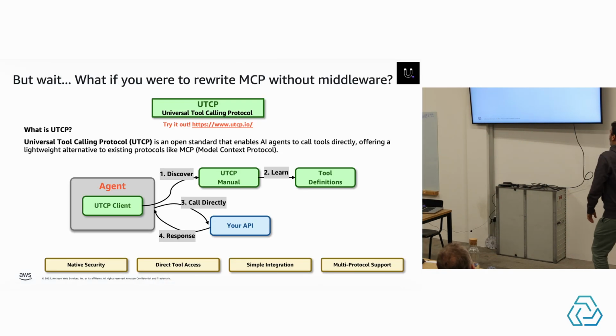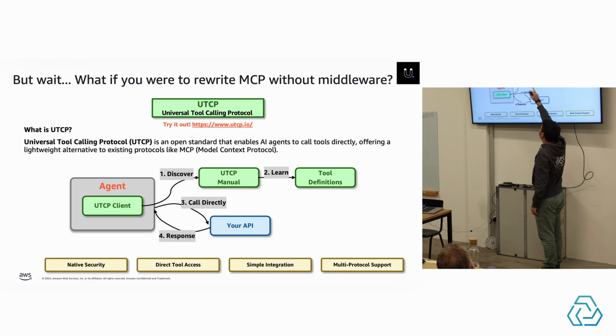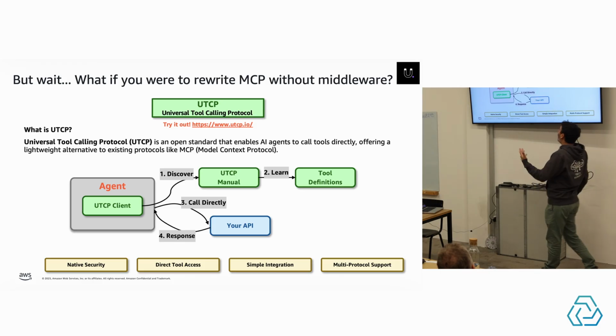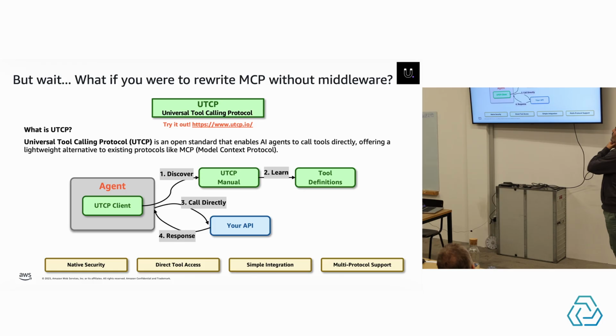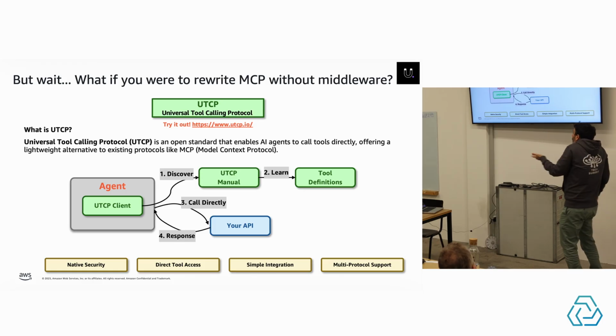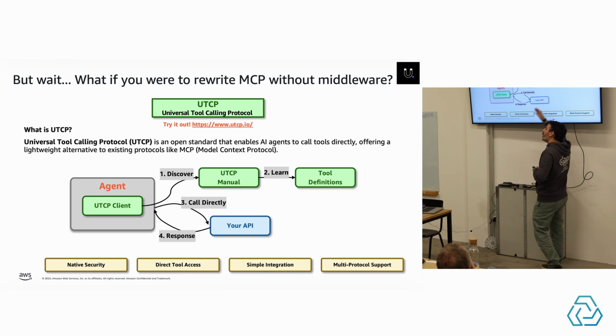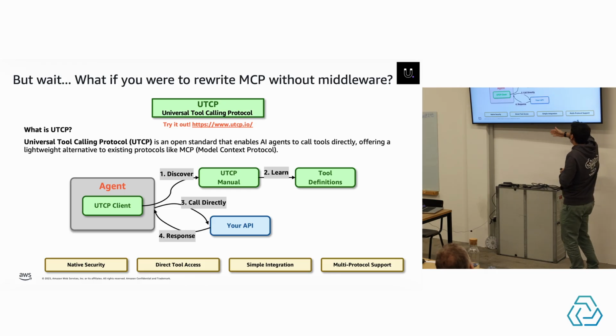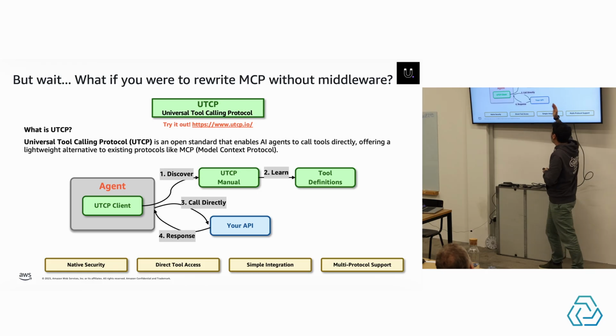There is an open source project that I'm collaborating on, together with some other colleagues, called UTCP. And we hope that this will resonate in the midterm, not today, with the idea that you don't need the middle layer, you don't need to completely re-implement the authorization layer, because you have your APIs.